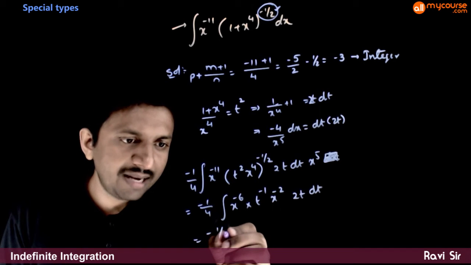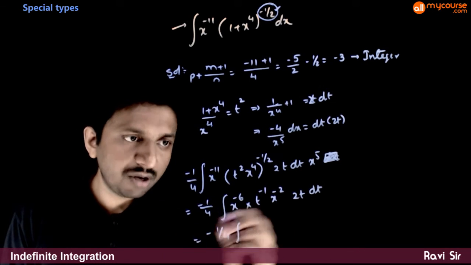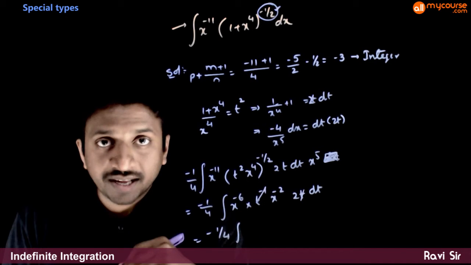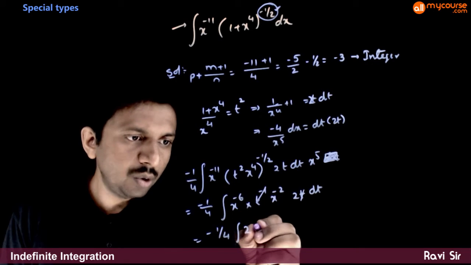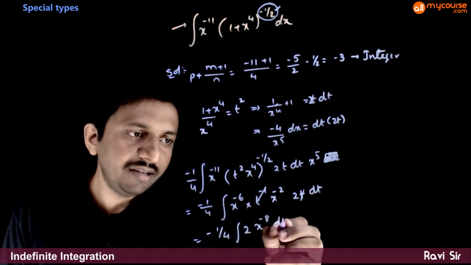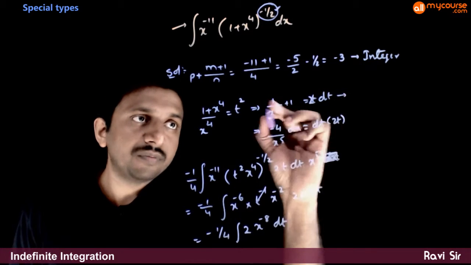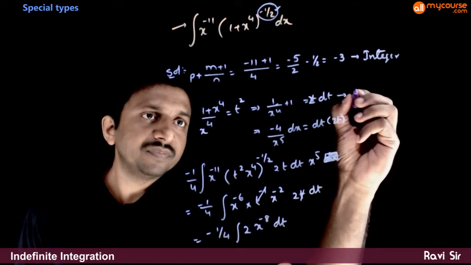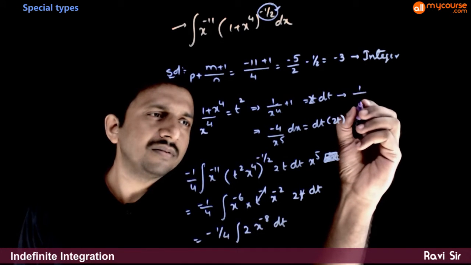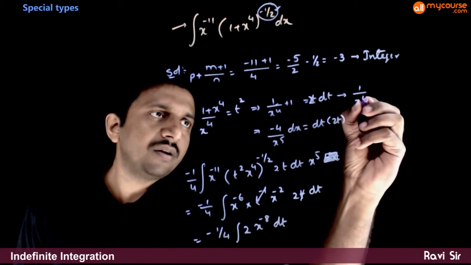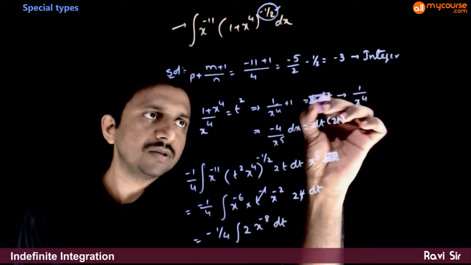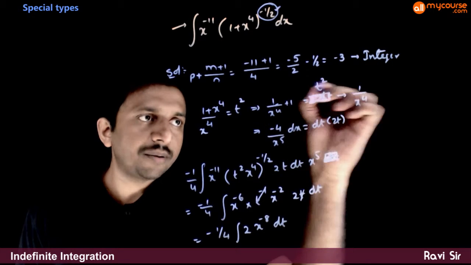That is equal to minus 1 by 4 times the integration of, t and t power minus 1 are getting cancelled, so 2x power minus 8 dt.